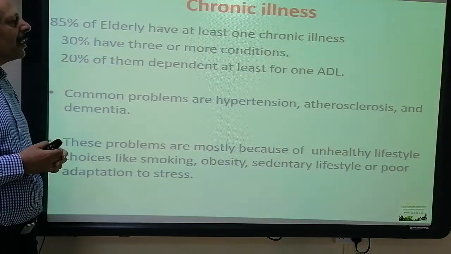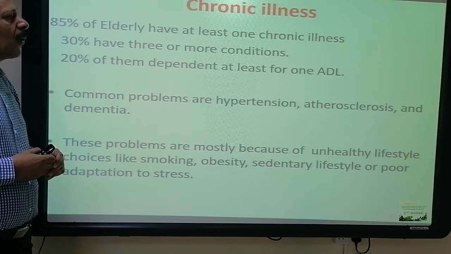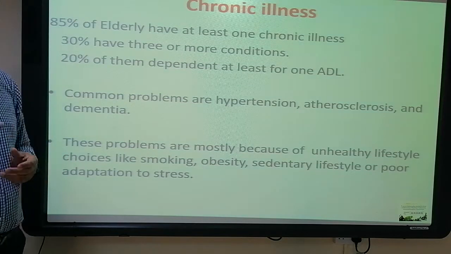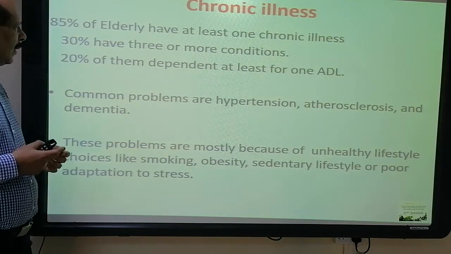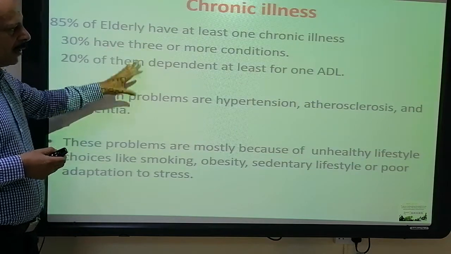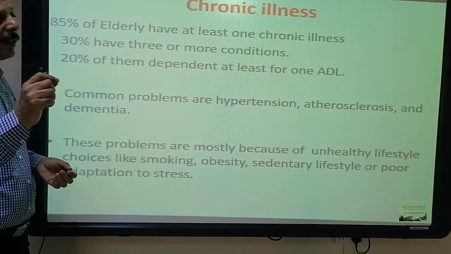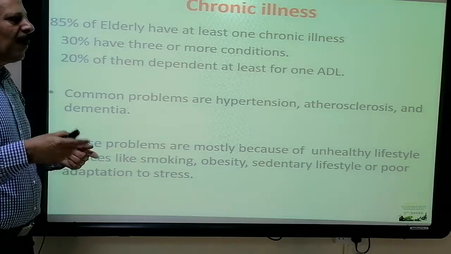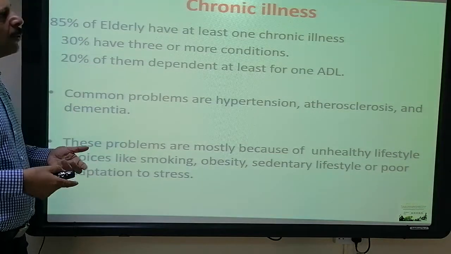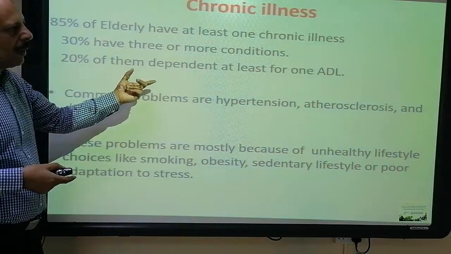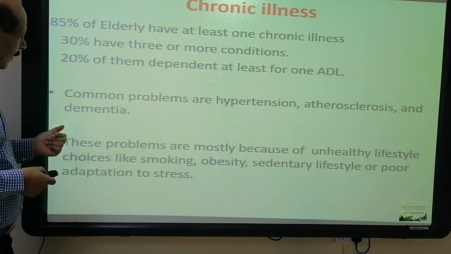20% of them are dependent for at least one activity of daily living. So 20% of those clients are dependent, they need someone to help them in their daily activities of living.